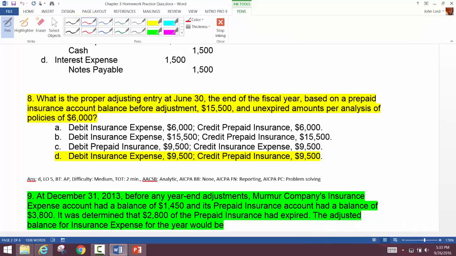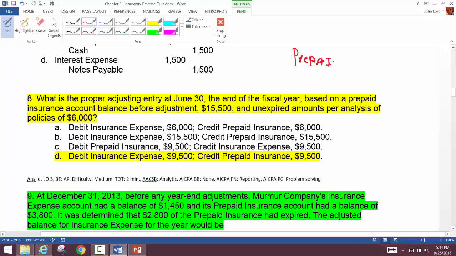Okay, good. So let's take a look at this one, and we say that we have unexpired amounts of insurance before adjustments of $15,200. So we must have bought some insurance. So what did we debit when we buy insurance? What do we debit when we purchase insurance?